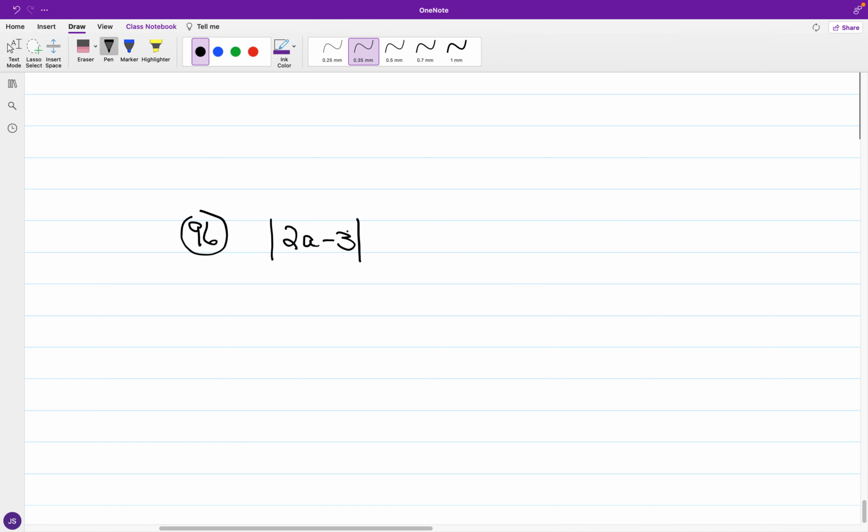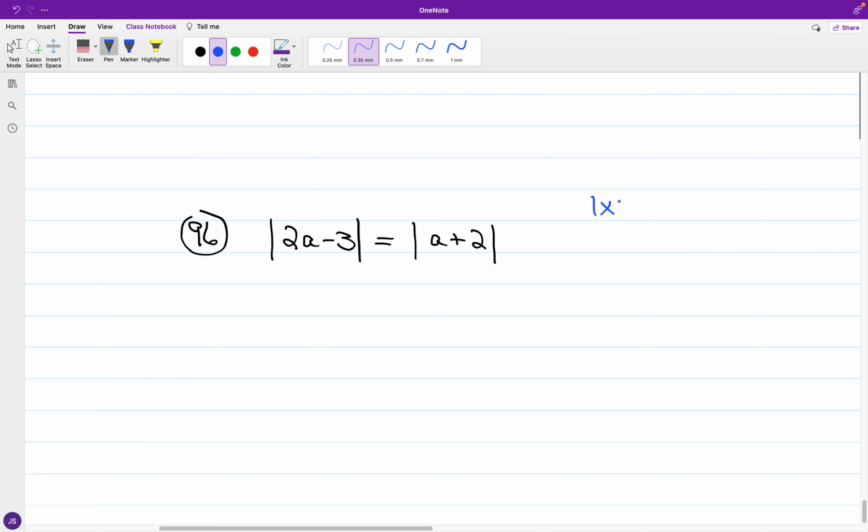So here we have the absolute value of 2a minus 3 is equal to the absolute value of a plus 2.